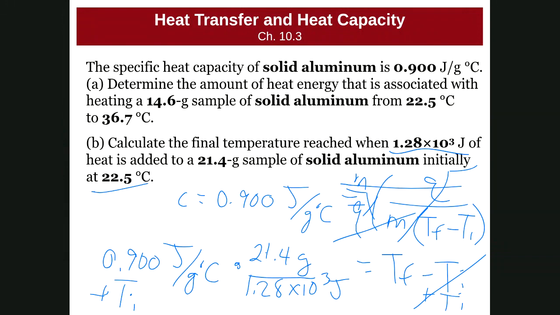So if we do that, we have 0.90 times 21.4 grams divided by 1,280, if we move that decimal place over 3 to get into standard notation and not scientific notation.